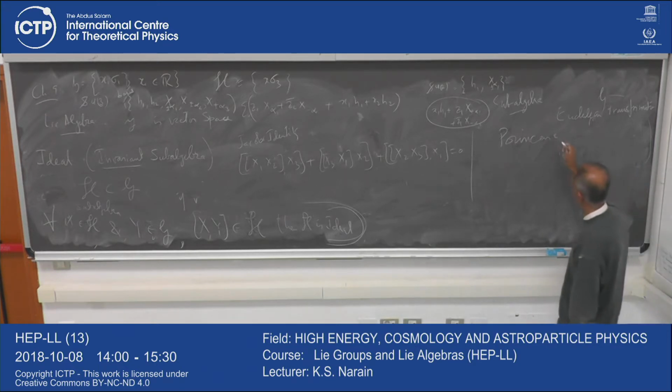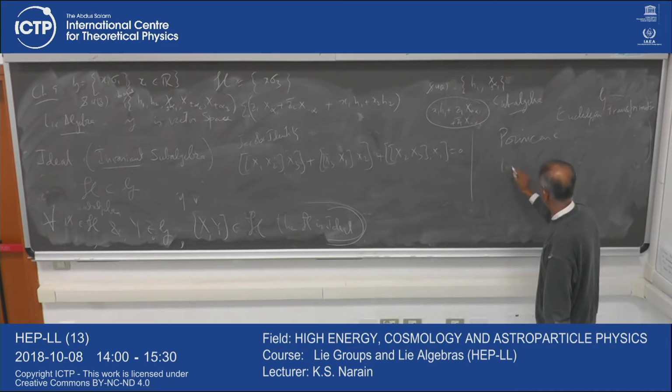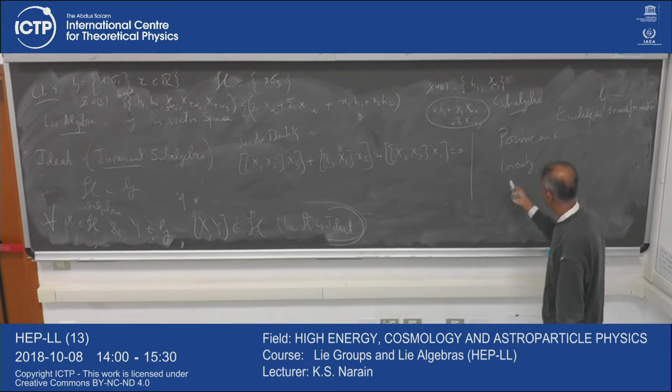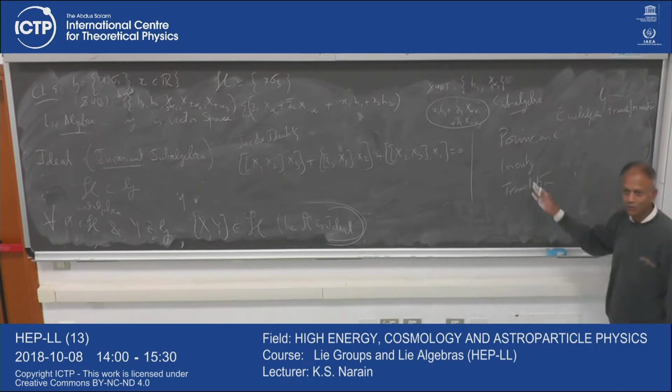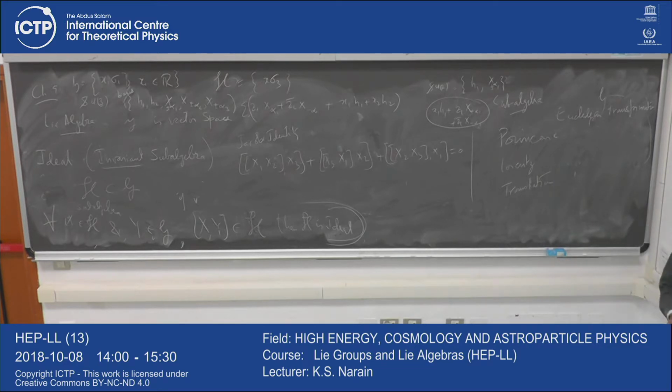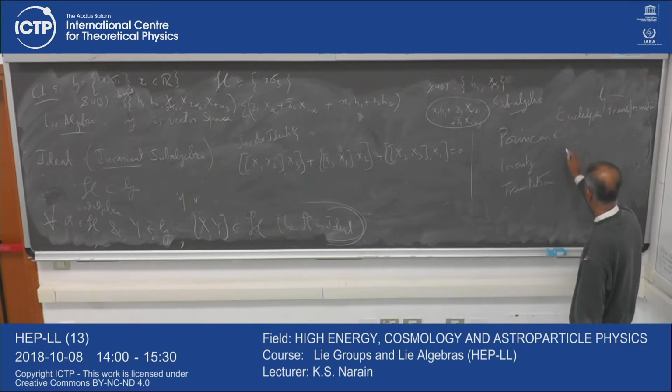Now Poincaré has two types of generators. One is what we call Lorentz transformations, the boosts and rotations. Another is the translations. Let's call this generator lambda.